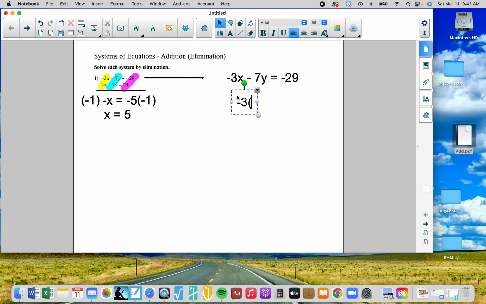So our new equation is negative 3 times 5 minus 7y equals negative 29. Negative 3 times 5 is negative 15, minus 7y equals negative 29. We're going to add 15 to both sides.